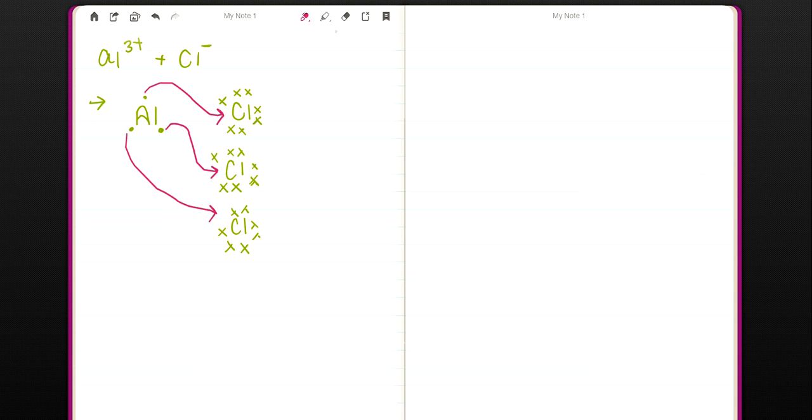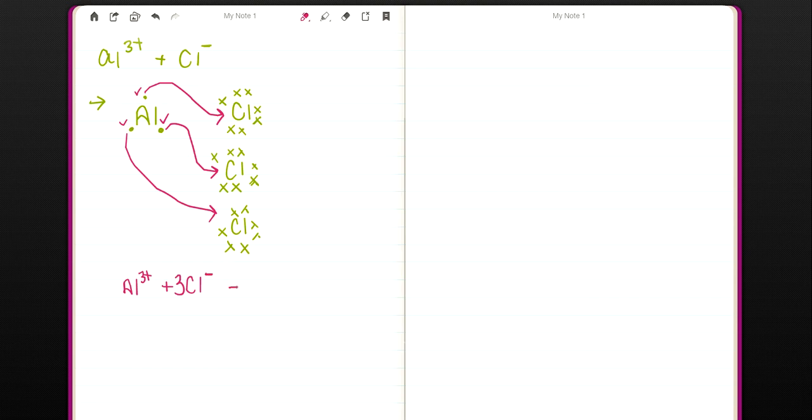So basically, 3 electrons go from aluminum, therefore aluminum is now Al3+, and you have 3 chlorides, the formation of 3 chloride ions.